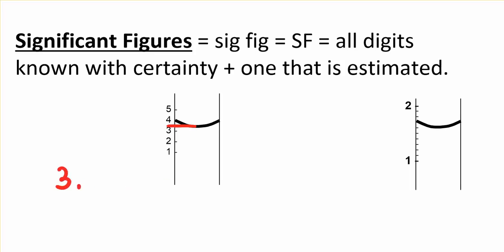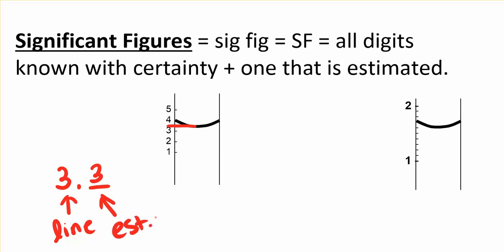There's a line for 3 and there's a line for 4, so I can write that digit with certainty. The next digit, though, there's no line for every 0.1. So I'm going to have to estimate between the 3 line and the 4 line, and I would estimate that that is about 3.3. So that is my estimated digit.